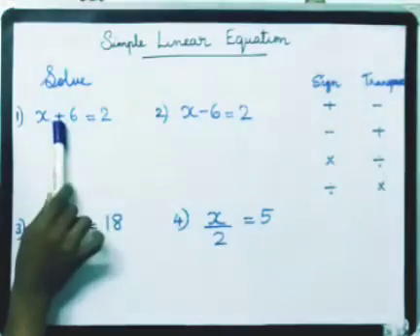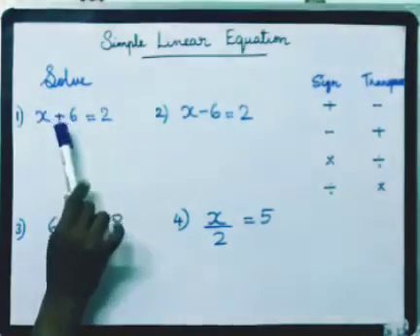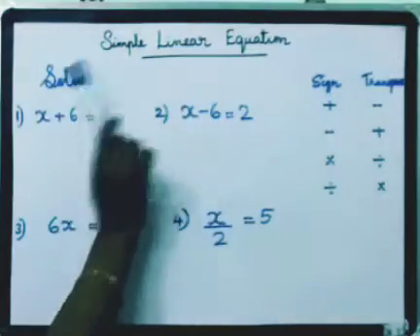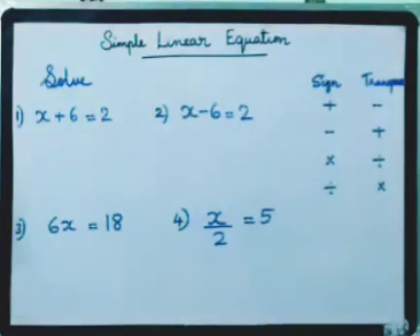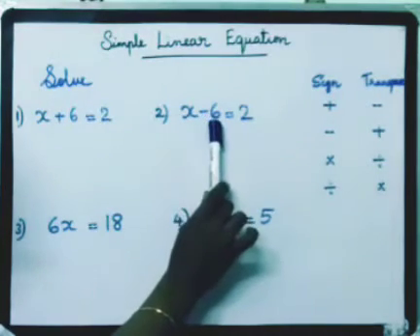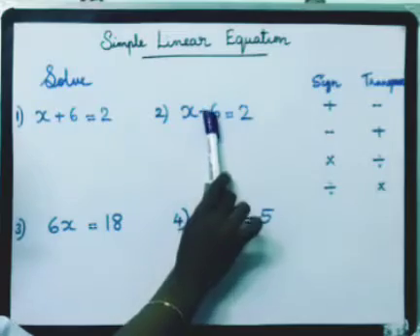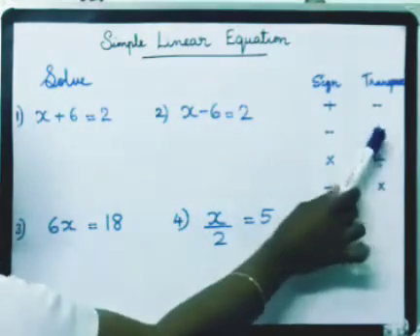If the question contains a plus sign, when you transpose that positive term to the right side, it becomes a negative term. Now, if the question contains a negative term on the left side, when you transpose it to the right side, it becomes a positive term.